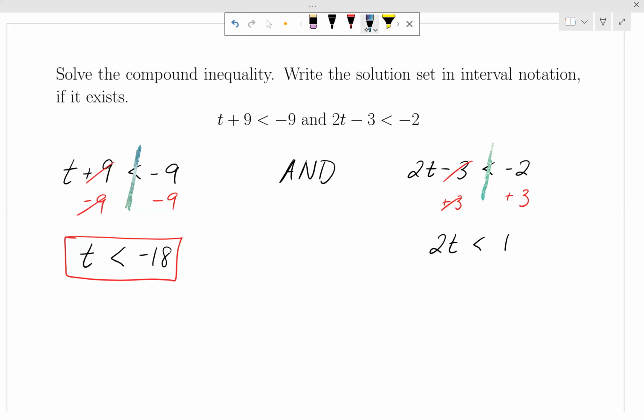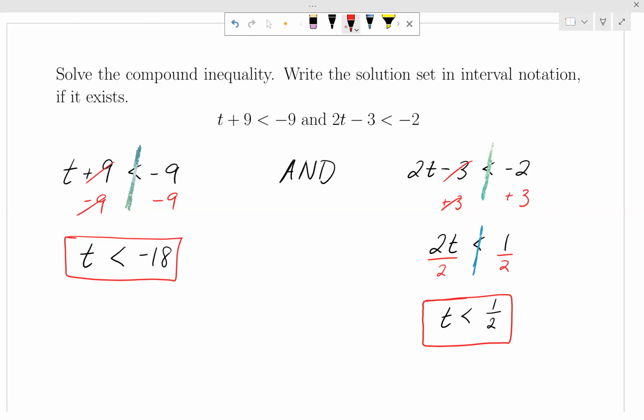Alrighty, I'm going to draw my little line again because I still have stuff with my t. I'm going to divide by 2 on both sides. And I get t is less than 1/2. And I'm going to box this in right. I keep the same order for my sign because I didn't divide by a negative. I divided by a positive 2. So the order of my inequality stays the same.